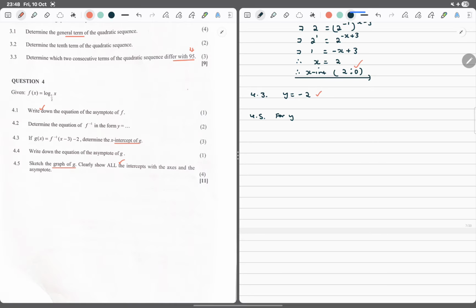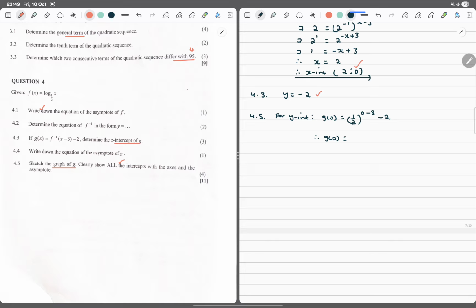We can say for y-intercept, this is such that we're looking at g of 0, which is equal to a half of 0 minus 3 minus 2. Therefore, g of 0 is essentially 1 over a half to the exponent 3.